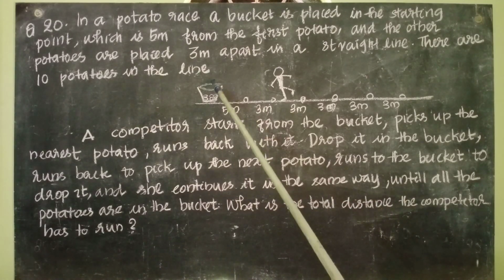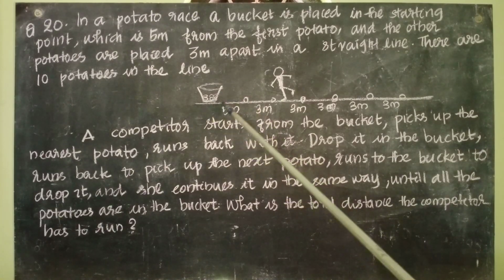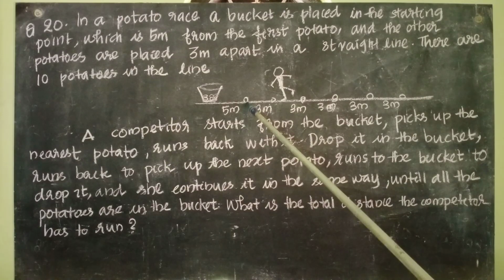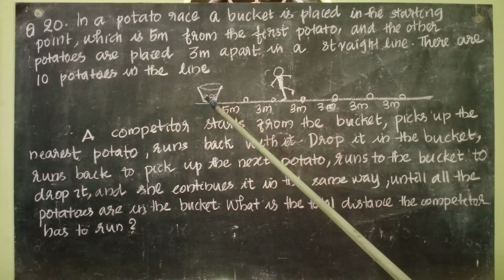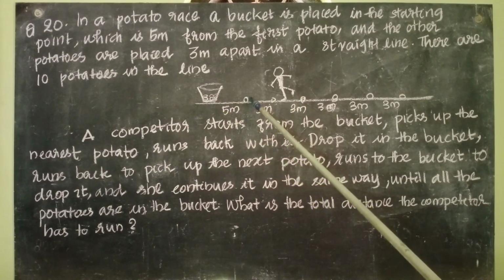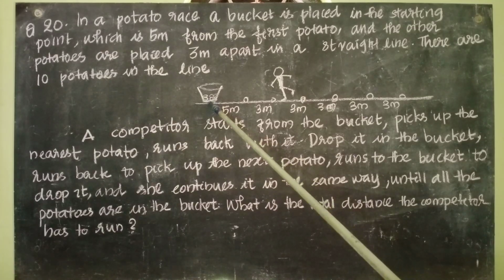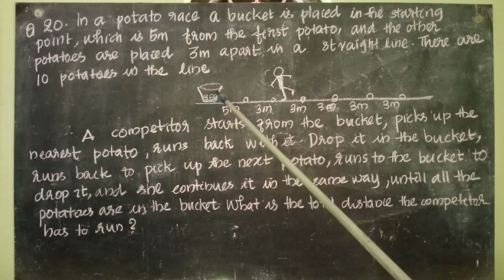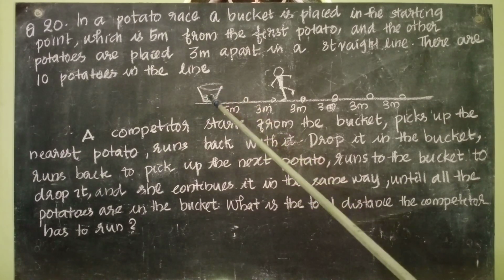So here is the bucket, here is the first potato. The first potato is 5 meters away from the bucket. The competitor has to start from the bucket, move to the first potato, take it and keep it back in the bucket. So first he has to start from the bucket, reach here, he will complete 5 meters. He has to go back.